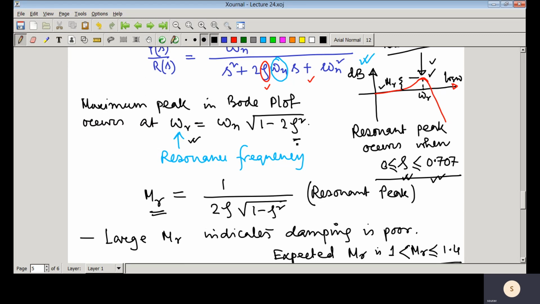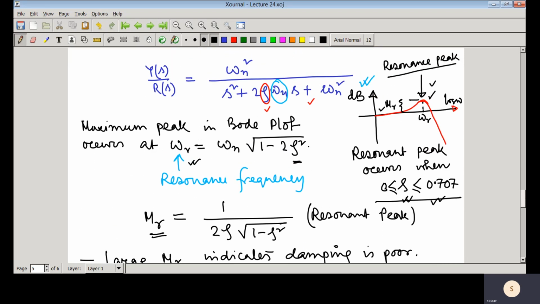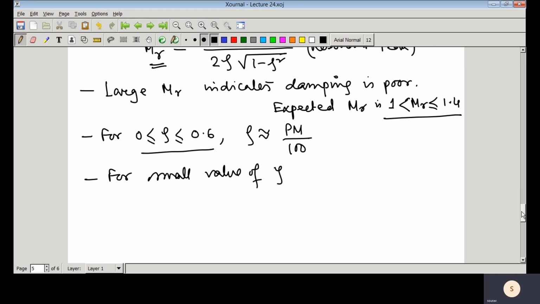Whenever zeta is very small, the resonance frequency and the damping frequency are almost the same. So for small values of zeta, omega d and omega r are almost the same. You should remember these relationships, and they would be very much required whenever we will be designing or analyzing a closed loop system.